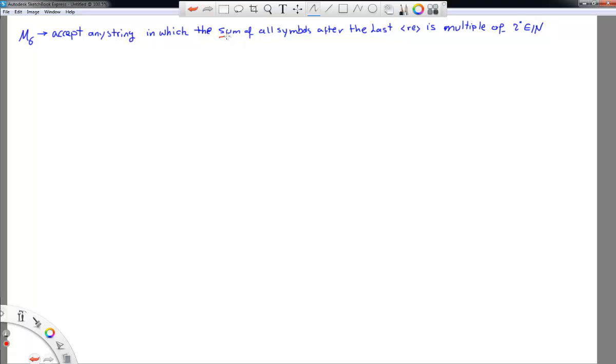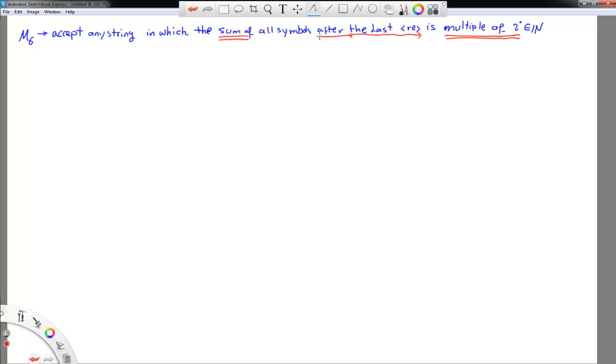The definition of the string is basically an arithmetic operation here, the sum of symbols, another arithmetic operation that is a multiple of i. And this is very important as well for us to take a close look at.